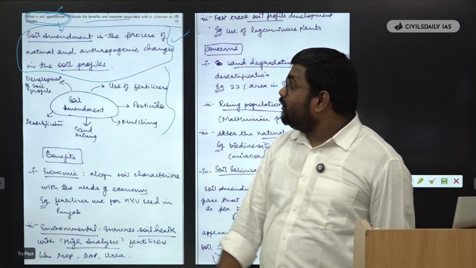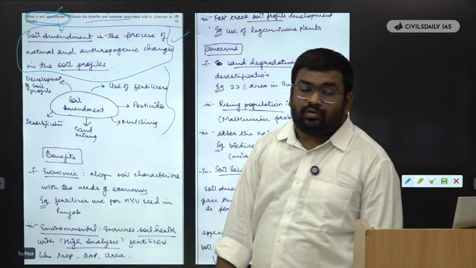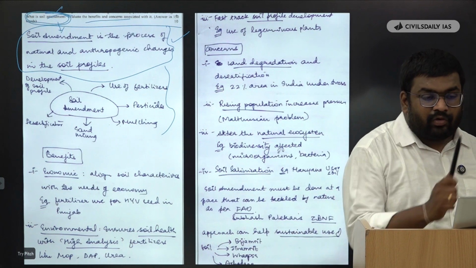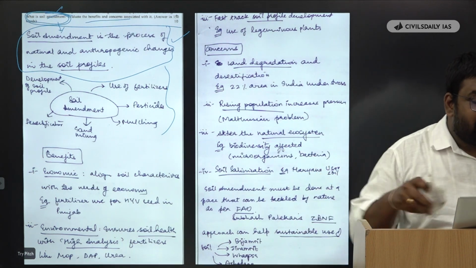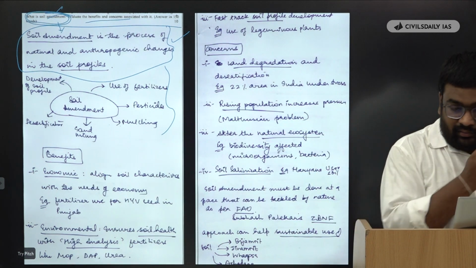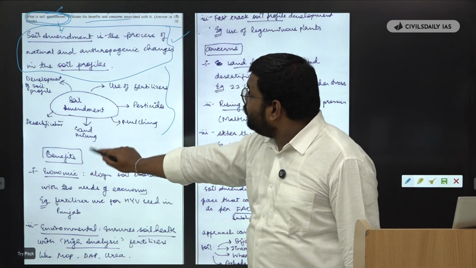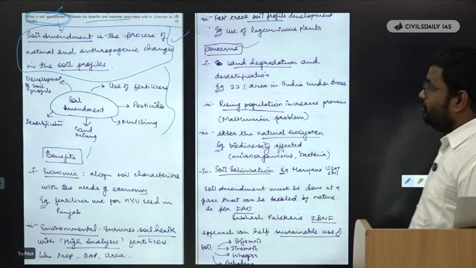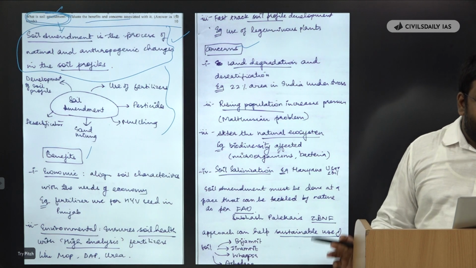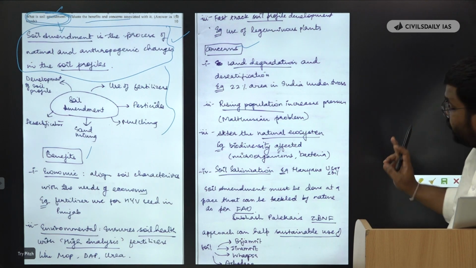Just remember: the definition, and then some features or classification, whatever extra information you have related to that concept, you can give. Only then do you shift to the second demand, that is benefits and concerns. Is it clear with respect to define?